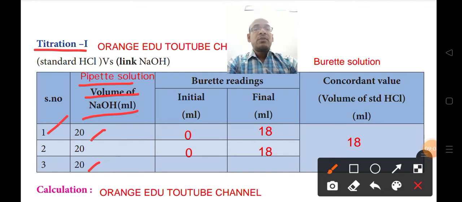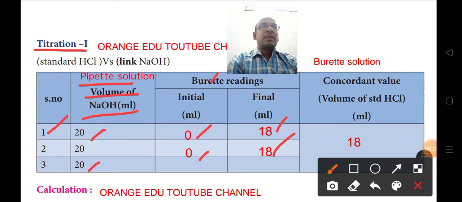Burette reading in all the cases, initial volume is 0. Final volume is 18 ml, which we get using that short procedure, already done in this part in our YouTube channel. The volume is 18 ml.